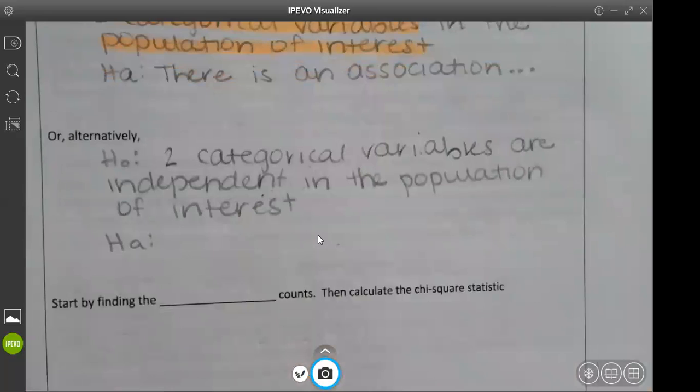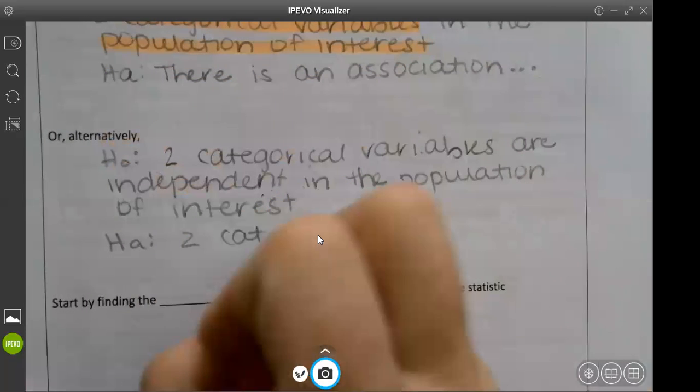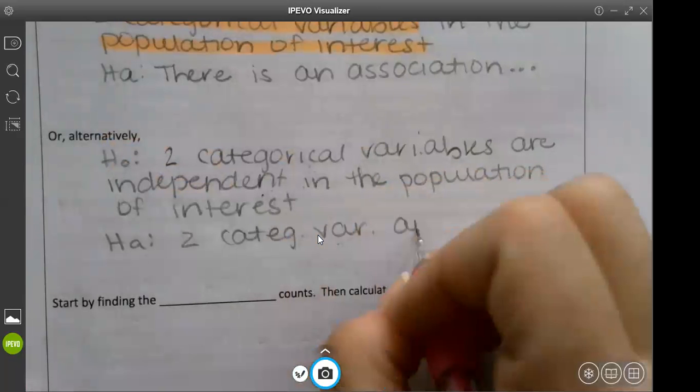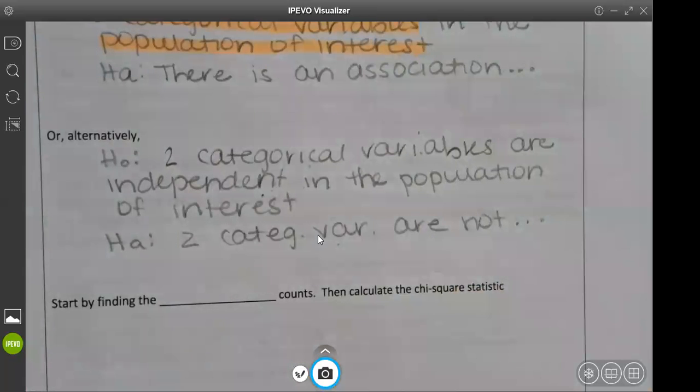Or your alternative: 2 categorical variables are not independent in the population of interest. And again, you would replace the two categorical variables with what they are, and the population of interest with the actual population that you pulled from.